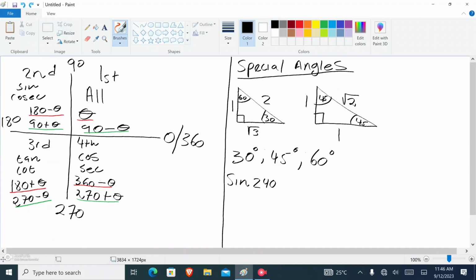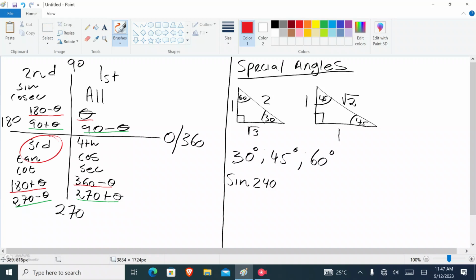If we look at 240, it is above 180 but less than 270. That means 240 lies in quadrant number 3.